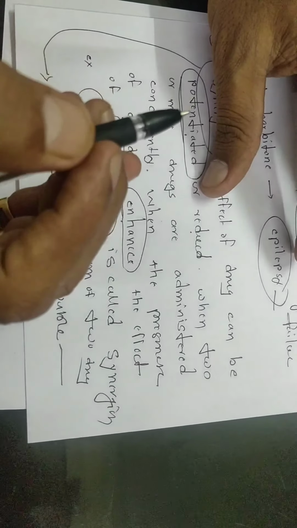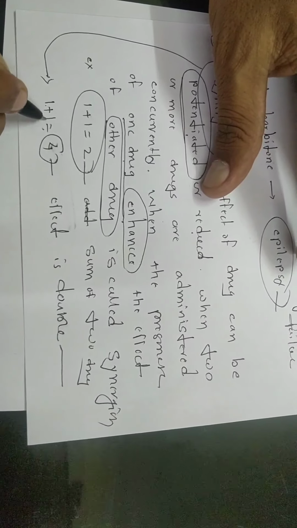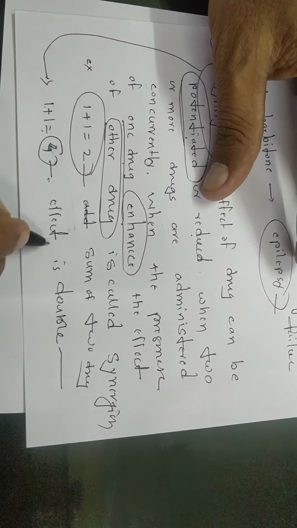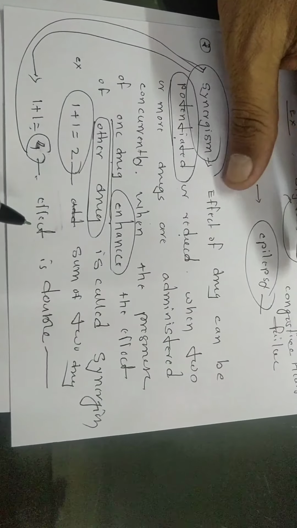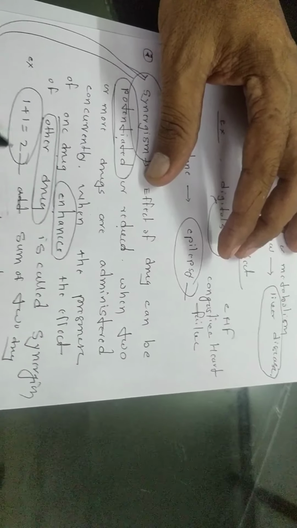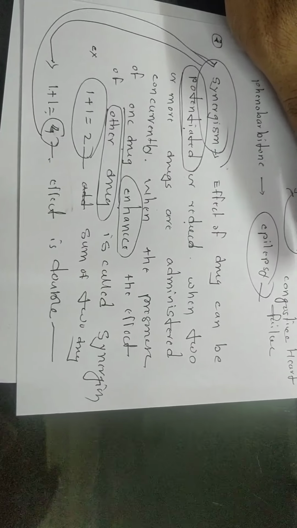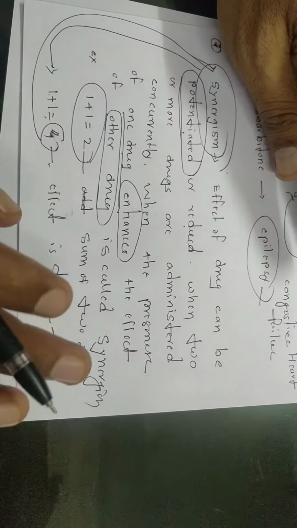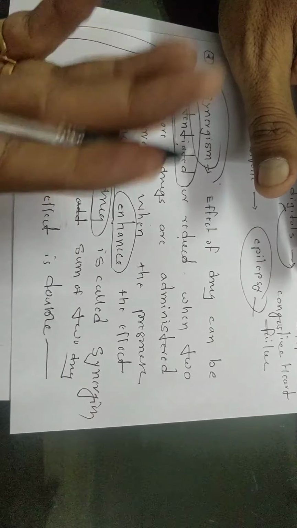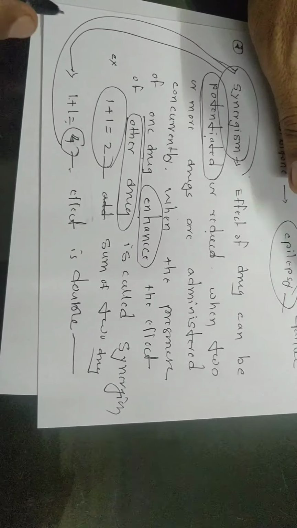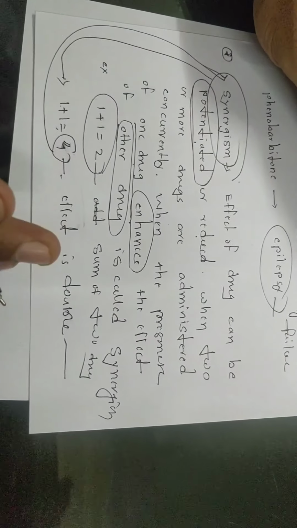They increase its potency and produce the effect. 1 plus 1 is equal to 4. That is called synergism. Okay, it's quite simple. One drug enhances the other and they produce an effect more than the sum of the drugs. Mathematically this is called synergism.